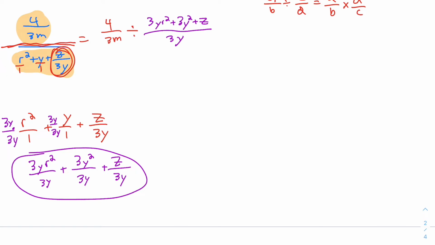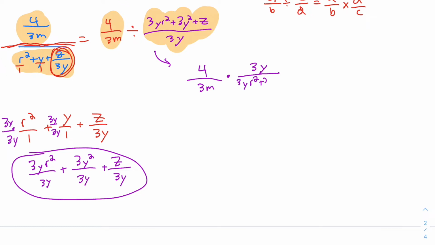And if I have one fraction now divided by another fraction, I can turn this into multiplication by the reciprocal. So I can say 4 over 3m times 3y over 3yr squared plus 3y squared plus z. I'm going to turn my times into a dot.